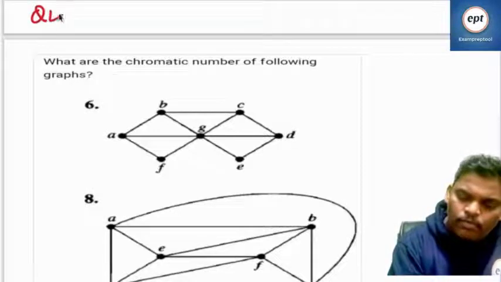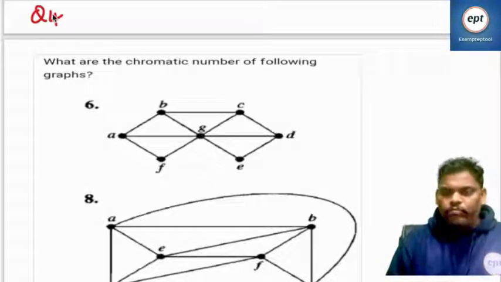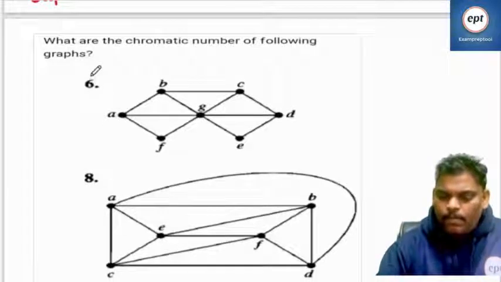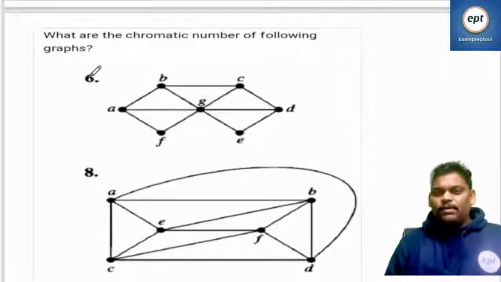Q4, question number 4. Try now. What is the answer?